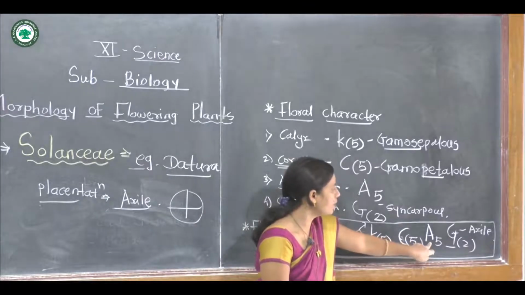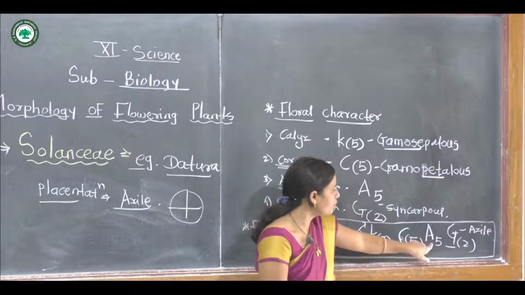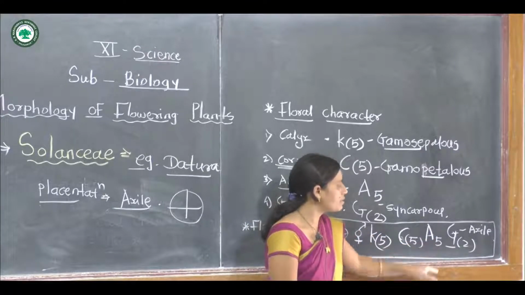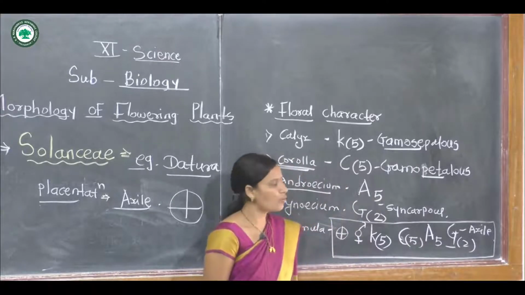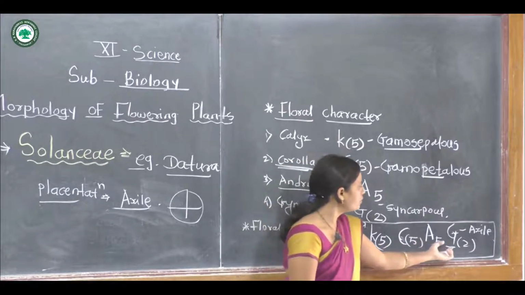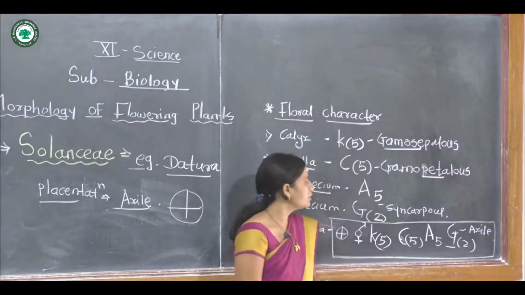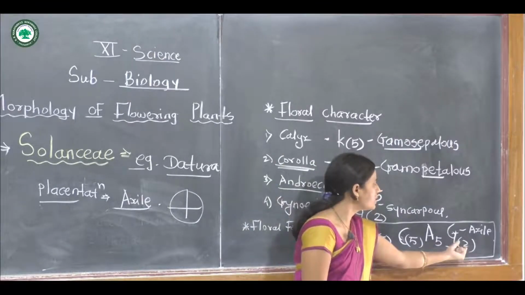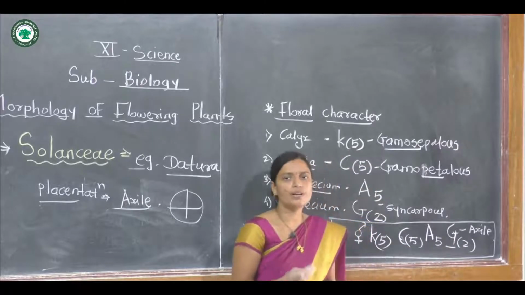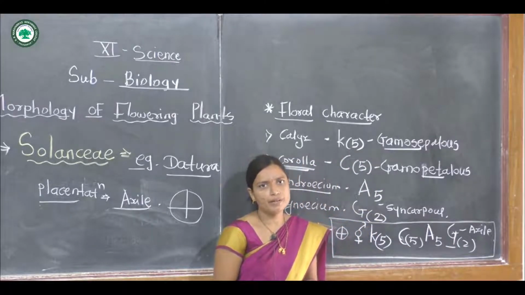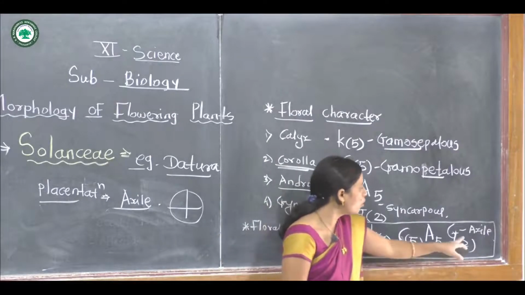Now the next one, androecium. The stamens are 5 in number, and they are free, not fused. Next, the gynoecium is 2 in number, meaning bicarpellary, only 2 carpels are present, and this condition is called a bicarpellary syncarpous ovary.